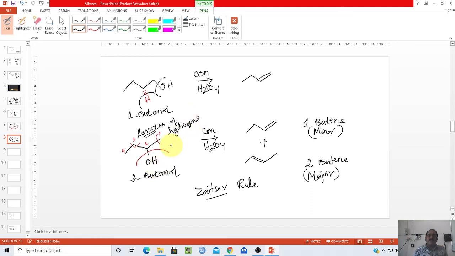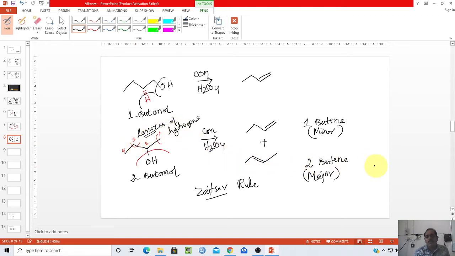Okay. So this carbon, this is CH3 group. Therefore here we will be having 3 hydrogens. Here we will be having only 2 hydrogens. So comparing, the first and third carbon will be having lesser number of hydrogens. Therefore, hydrogen will be removed from the carbon containing lesser number of hydrogens.